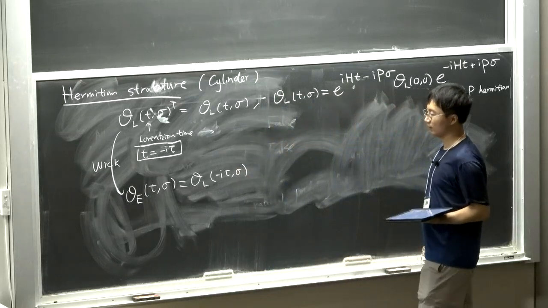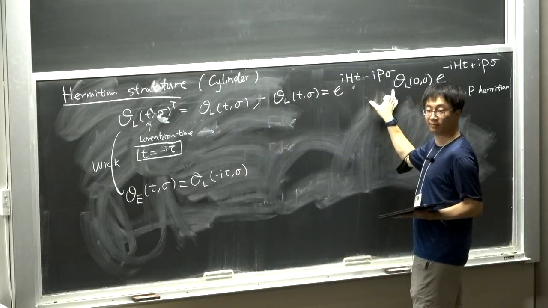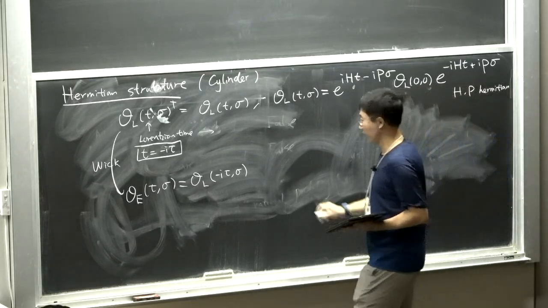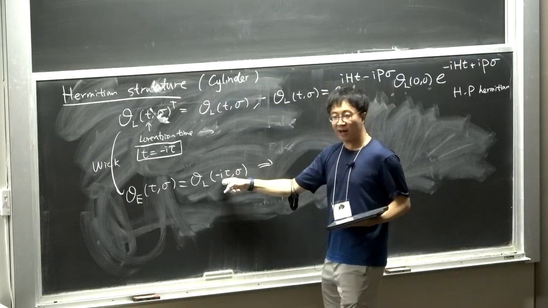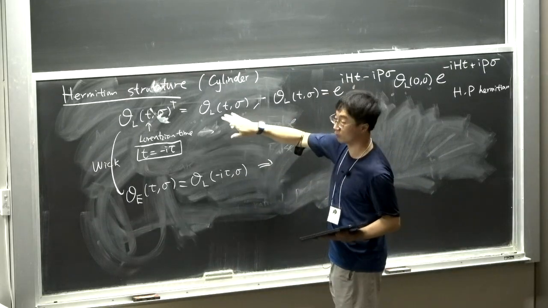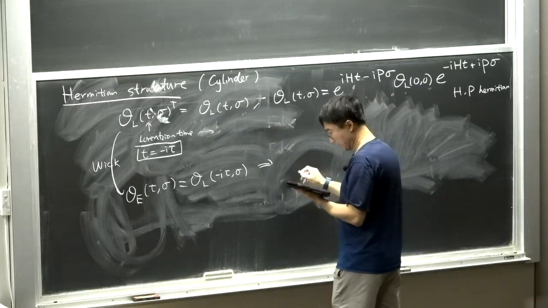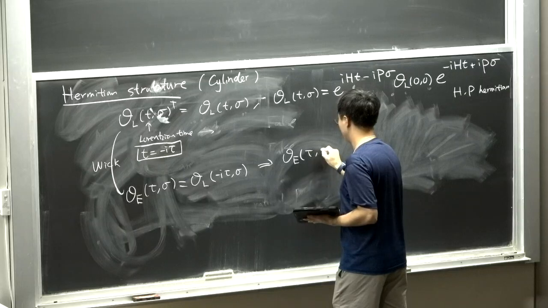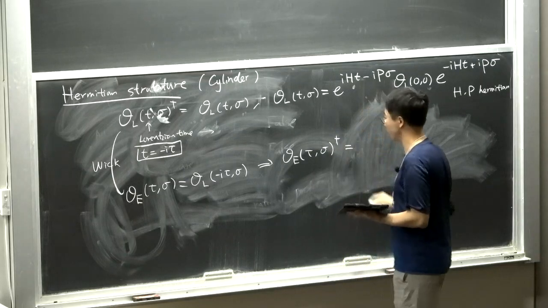Okay, and using this Heisenberg representation to relate to the Lorentzian operator inserted at the origin, the presence of the i here means that this relation no longer holds for the Euclidean operator. Instead, something very simple happens as you take the Hermitian conjugate.